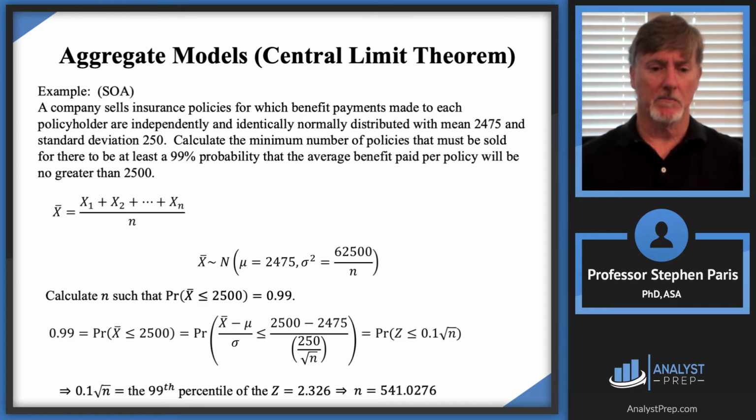And so the minimum number of policies that I would need for this probability to be at least 0.99 would be 542. If you have more than 542 policies, then the probability that CapEx bar is less than or equal to 2,500 would be even higher than 0.99.